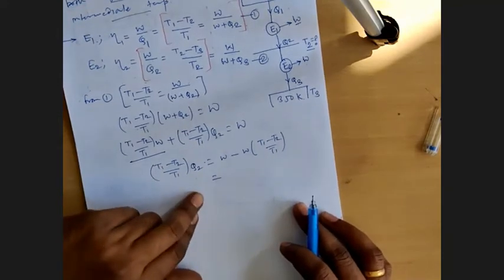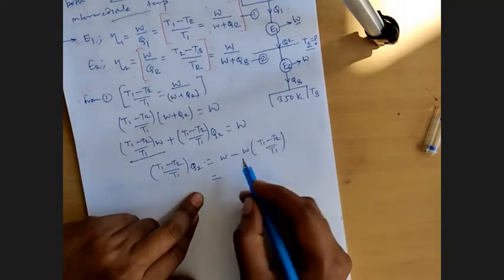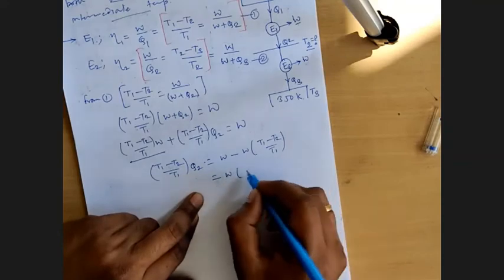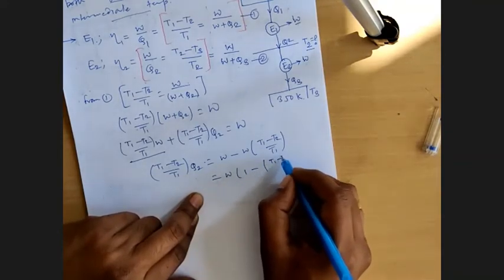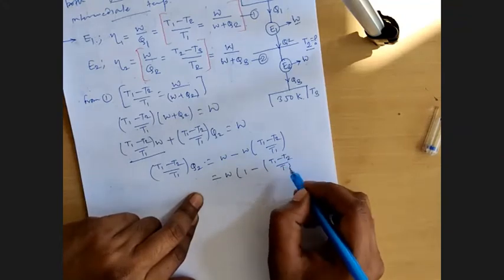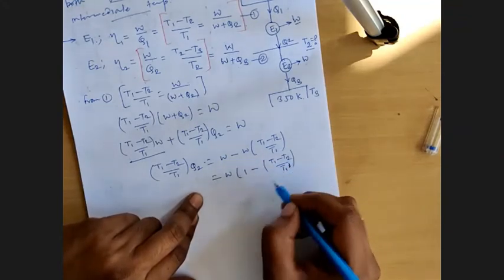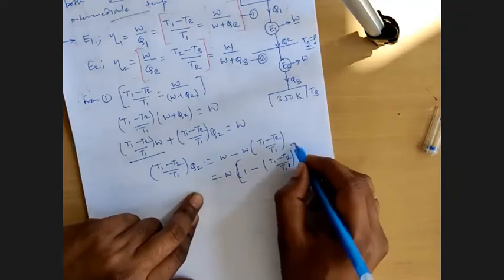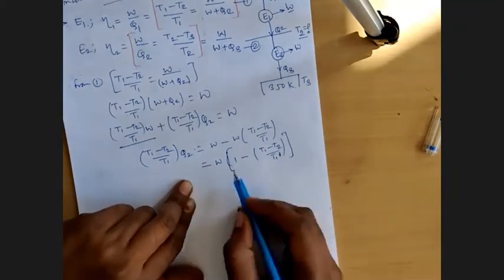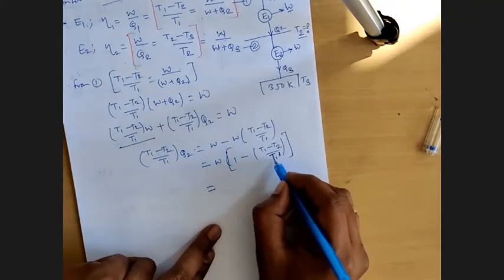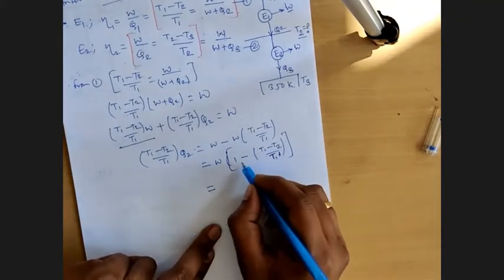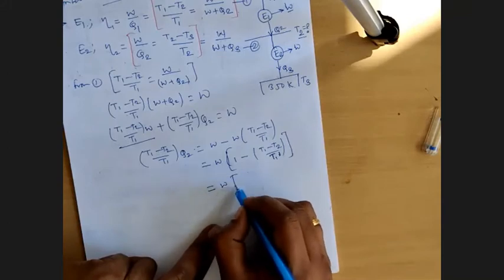I'll take W common. So W into 1 minus T1 minus T2 by T1. I will make a square bracket for this one. And on simplifying this one, this T1 is there. So T1 into 1, this W will remain as it is.